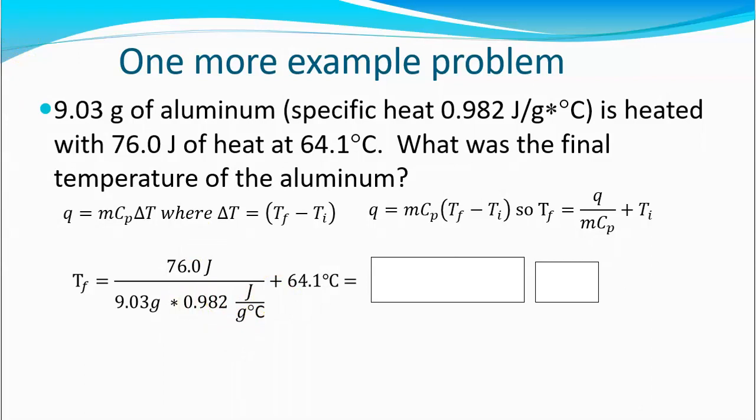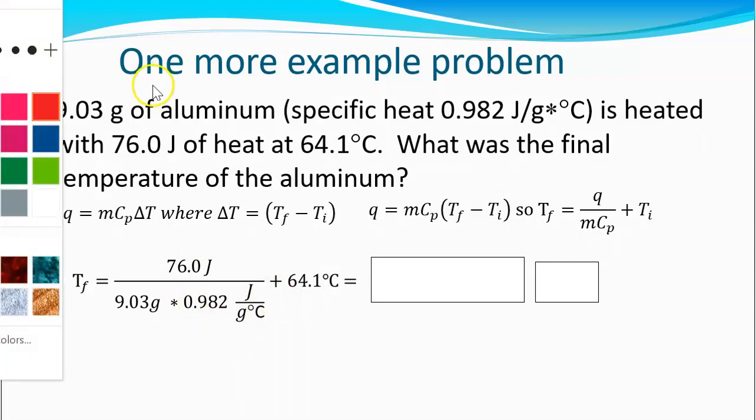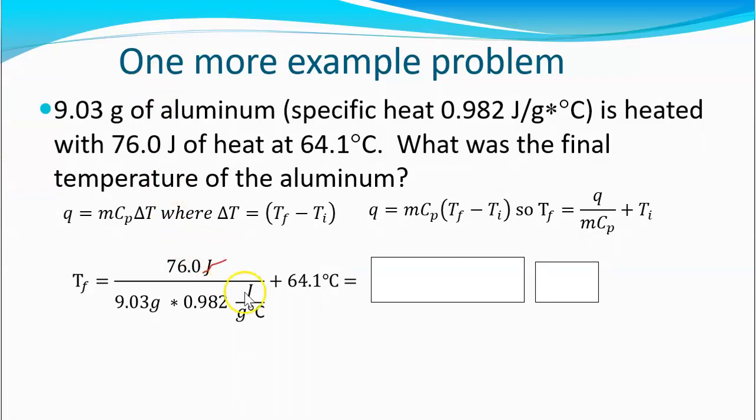So again, if we take a look at this and we use our units as a guide, there's a joule on the top and a joule on the bottom. There's a gram here and a gram here. So the unit left is degrees C, which makes sense because I'm adding that to a degrees C. So I'm going to do this math first.